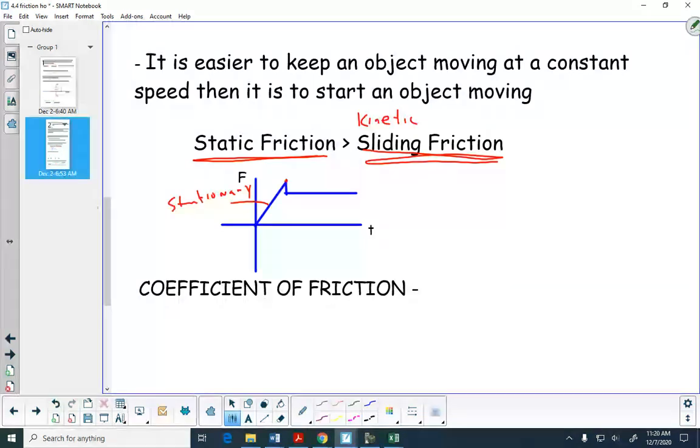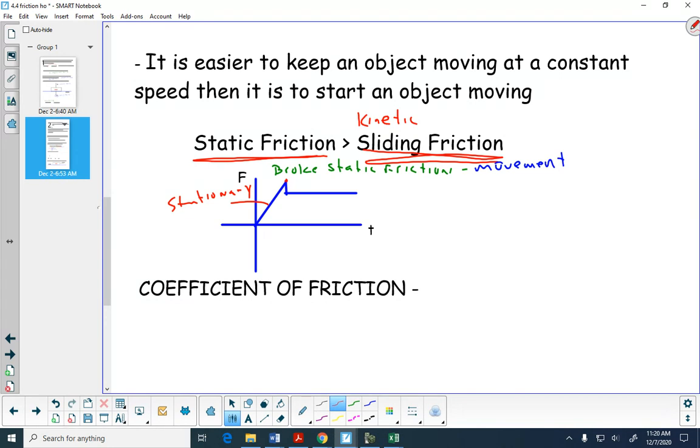At this point, we broke static friction, and we had movement. The block moved. So that is this point right here.